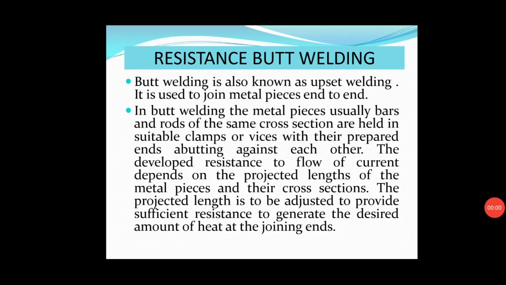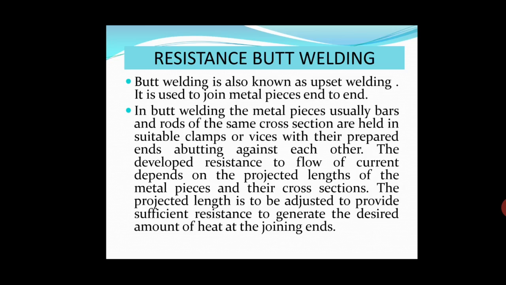Another type of resistance welding is resistance butt welding. Spot welding is used for lap joints, and as the name says, butt welding is used for butt joints. It is also known as offset welding. It is used to join metal pieces end to end.